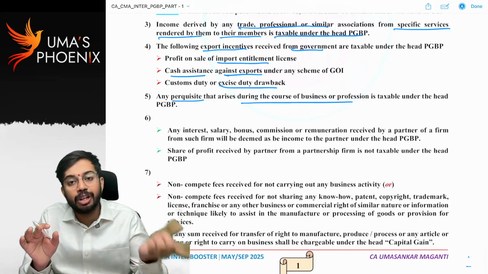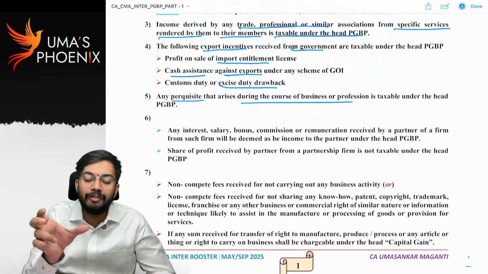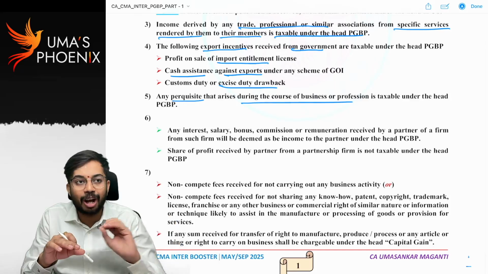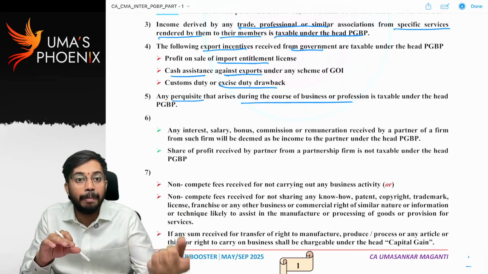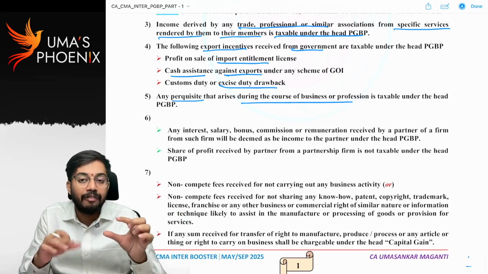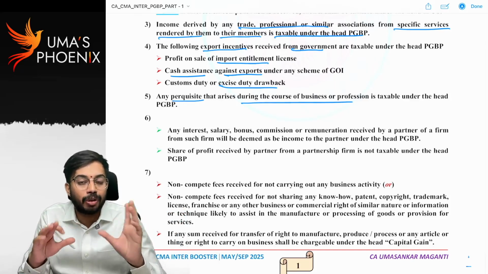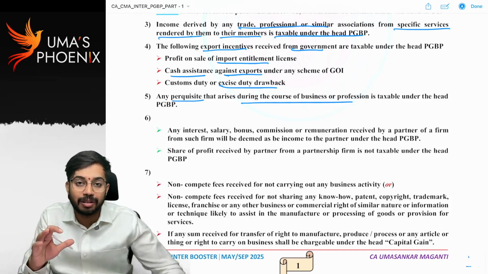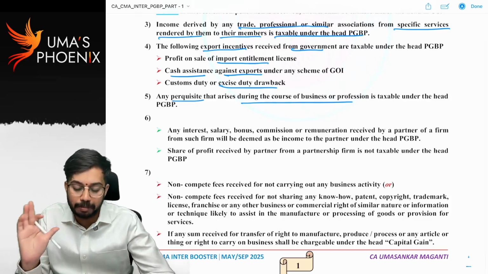In consideration of that service, he is giving a mobile worth 20,000 rupees to me. Now, I did not get fees or cash. I received a benefit from the client. So whatever benefit is received while rendering services during the course of profession or business, whatever perquisite is received, even that perquisite is taxable under the head PGBP.